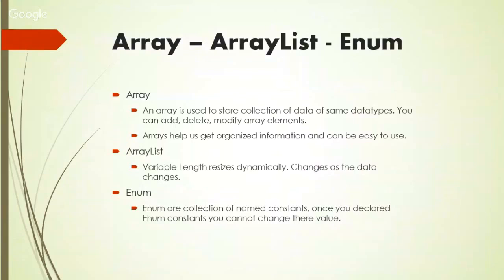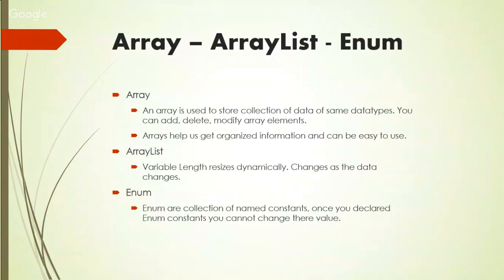Okay, what about arrays? Arrays, array lists and enums. An array is used to store a collection of data of the same data type. You can add, delete and modify array elements. An ArrayList is a variable that dynamically changes as the data changes.